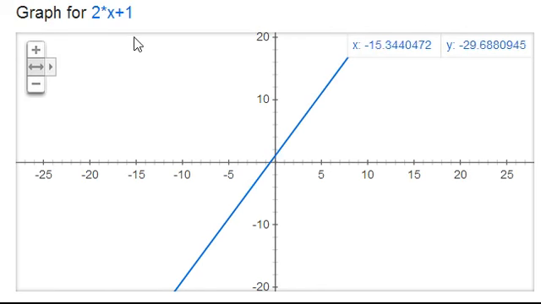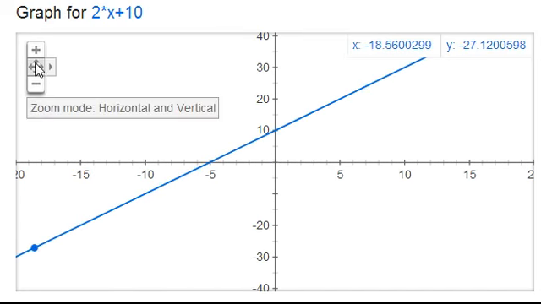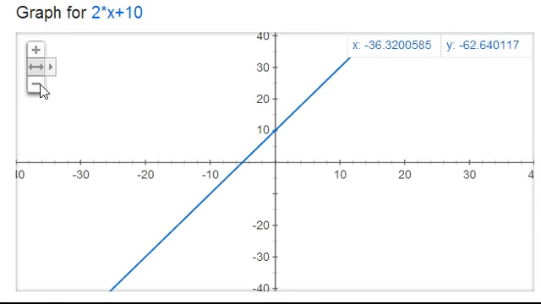This time I added 10 to it, and of course it rescaled itself again. Okay. Well, what happens to the graph when you add a number onto the end right here? It moves the graph up.